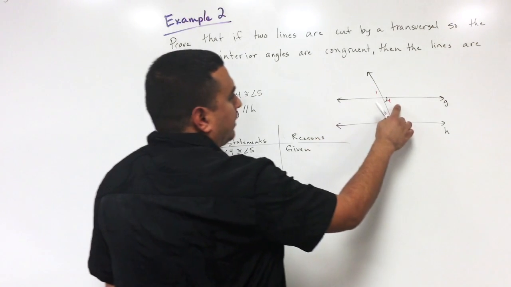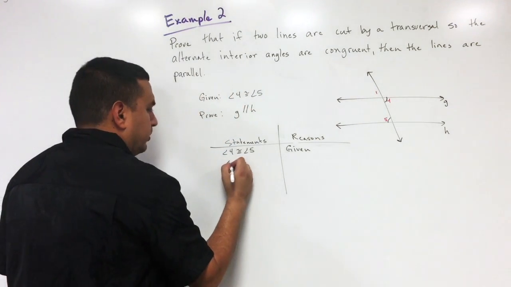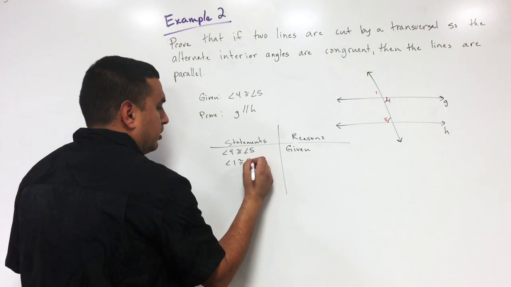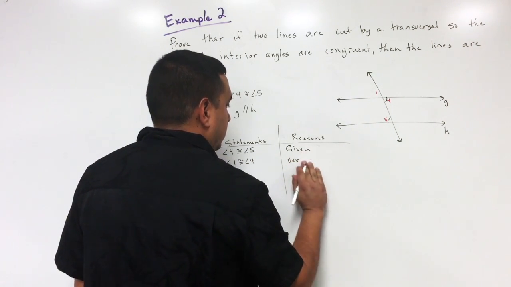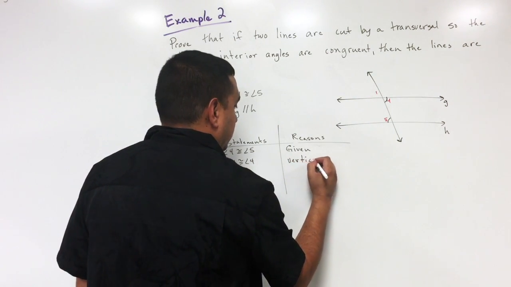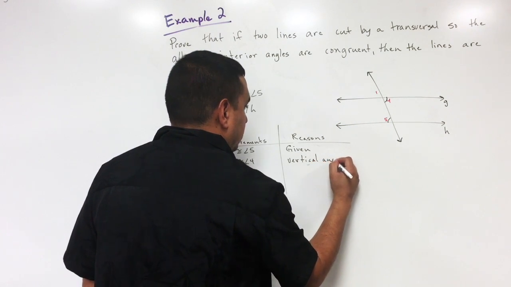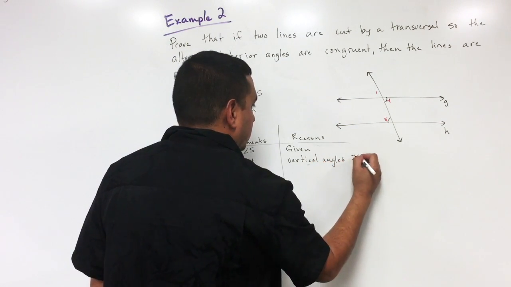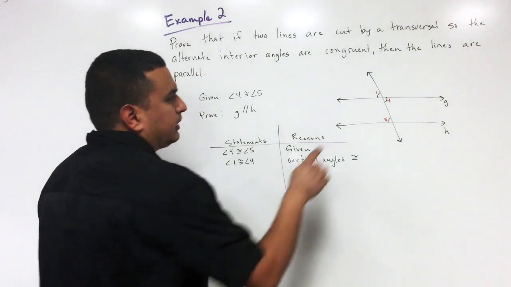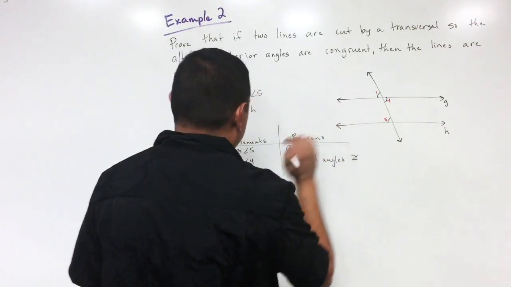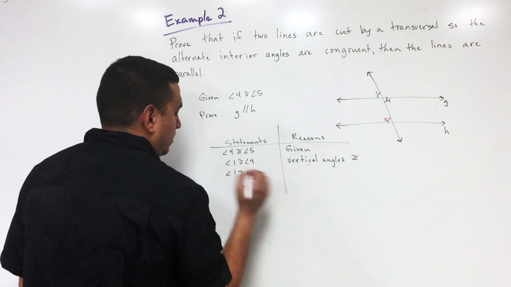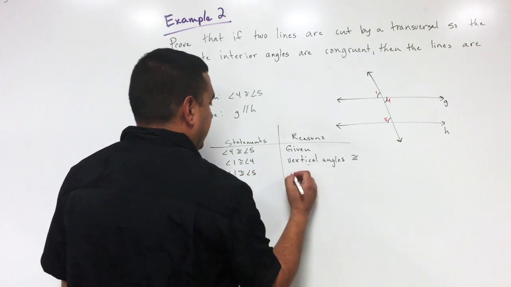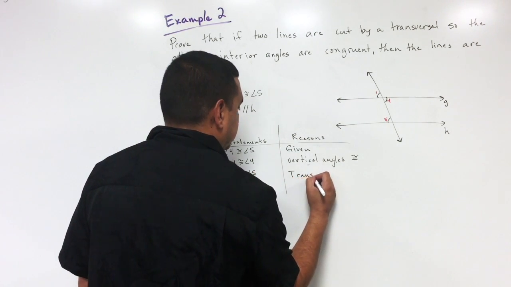Now, I know angle 1 and angle 4 are congruent because of vertical angles. Vertical angles are always congruent. And then I could say that 1 is congruent to 5 by the transitive property.